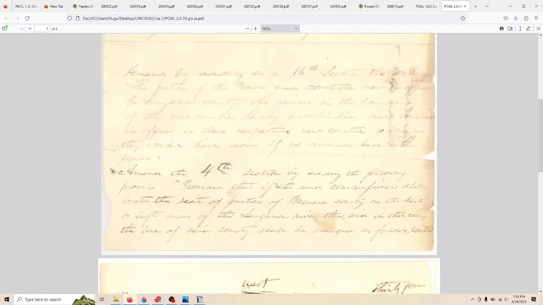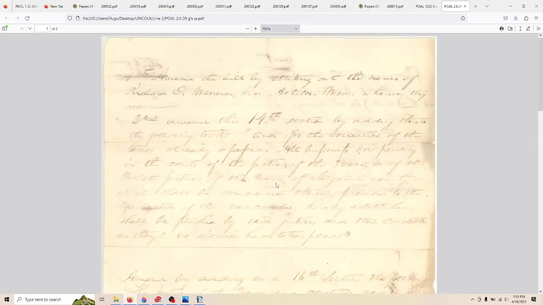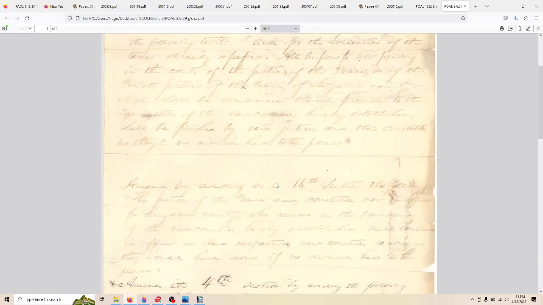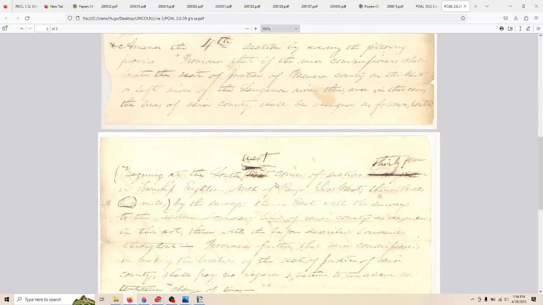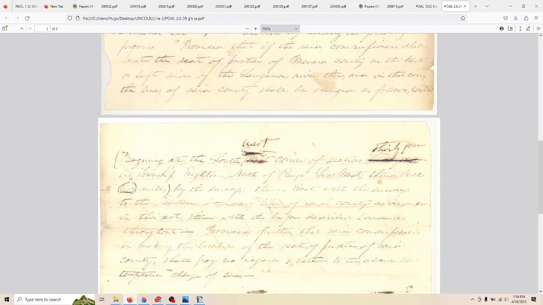Let's take a look at it since we're on this line anyway. Or do we have it in this document? Right here doesn't quite look exactly the same.